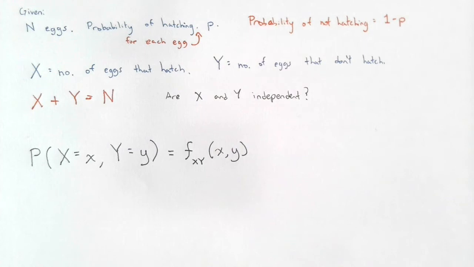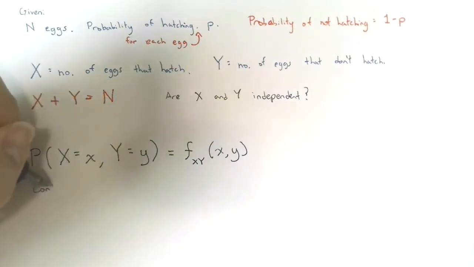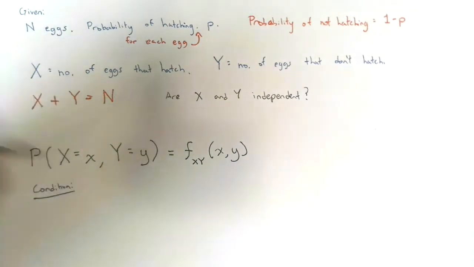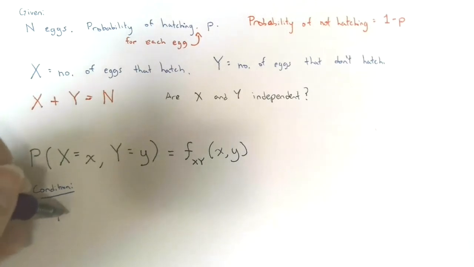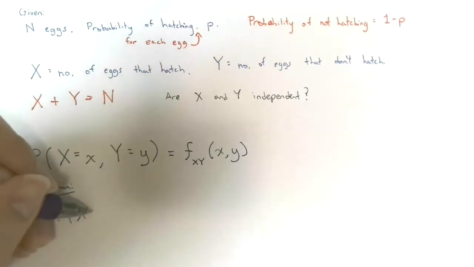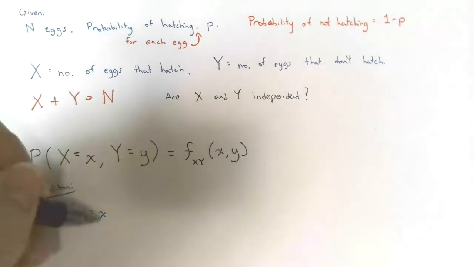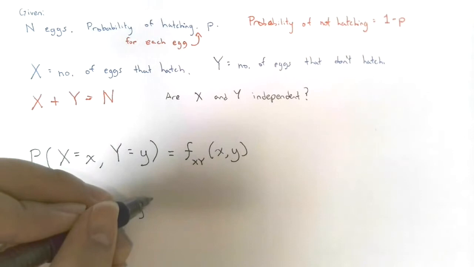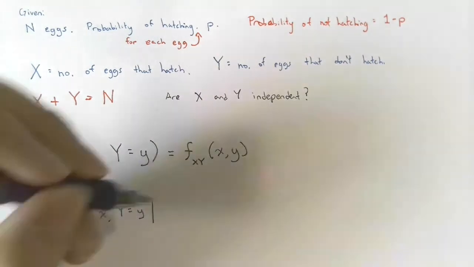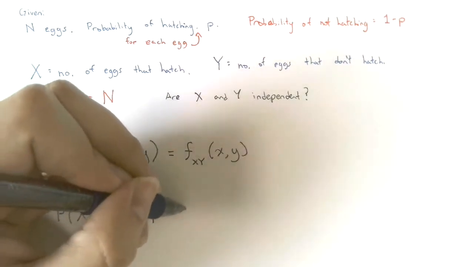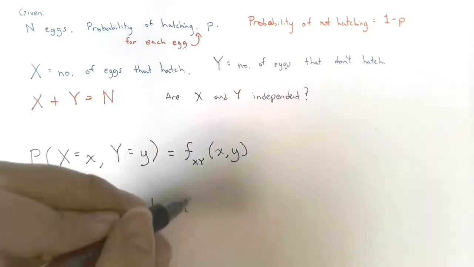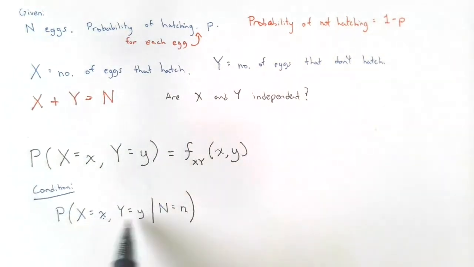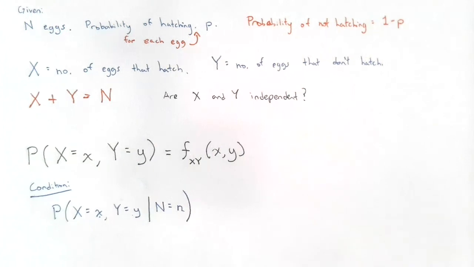So in terms of conditional probability, I would like to find the probability that X equals some given value and Y equals some other value, given that N equals some known value. I'm just going to call it little n. So our known values are lowercase letters, our unknown variables are uppercase letters.